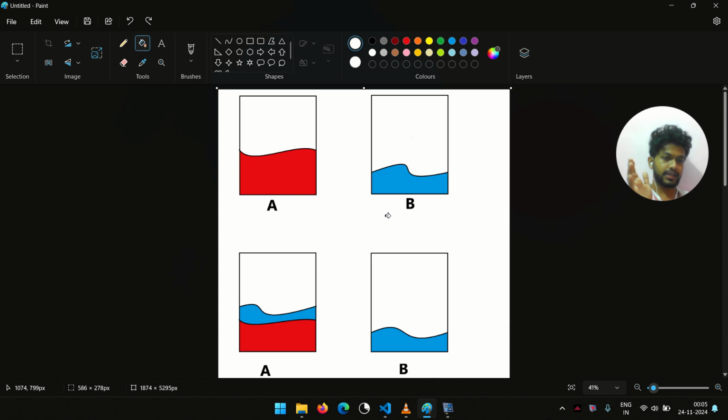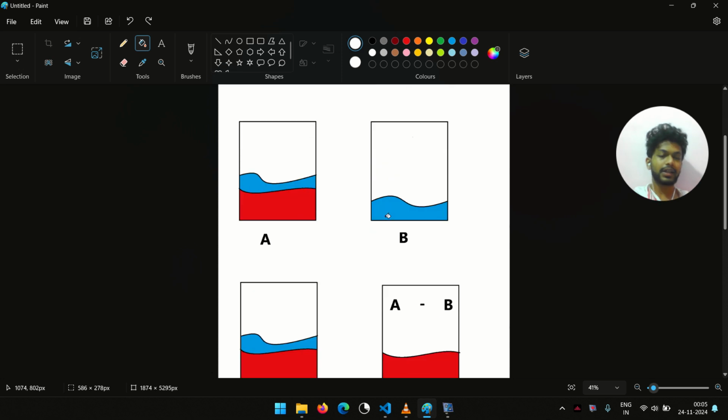First of all, we have the containers filled with data. Second step is we add whatever was in B to A, while whatever was in A we keep intact, and whatever was in B we keep intact in its container.